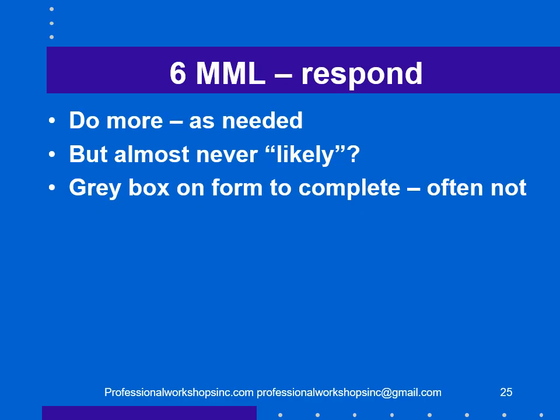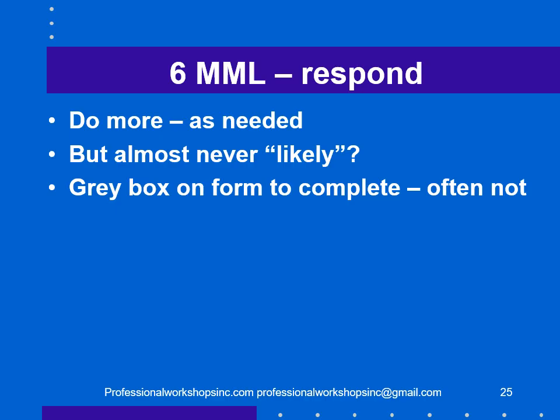Now, if material misstatement is likely, we've come across something based on the inquiry and analytical procedures we did, and we have to respond. And we have to do more, and what we do will depend on why we think material misstatement is likely. I would observe in a review engagement, we almost never conclude likely. So that's going to be very unusual for us.